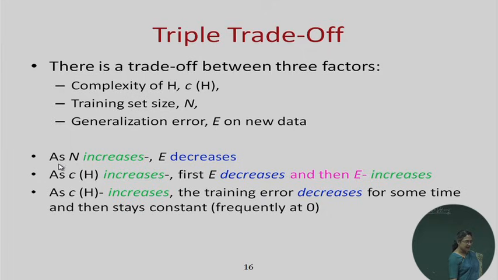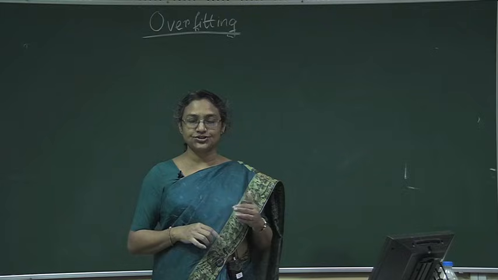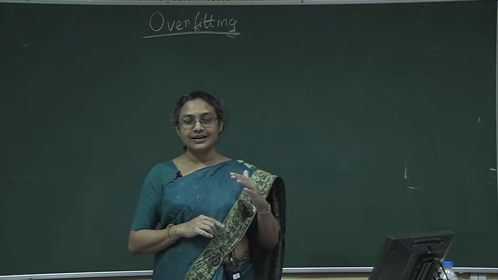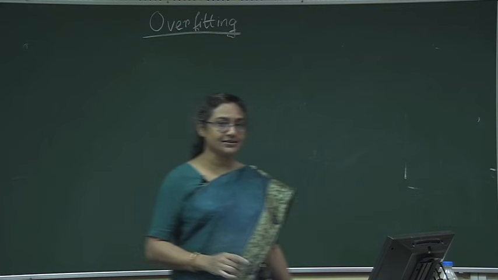We find out that as n increases, as training size increases, the error decreases. As complexity of hypothesis increases, first the error decreases, then the error increases. As we saw in the decision tree, as we are growing the decision tree, initially error is decreasing, then it is increasing.